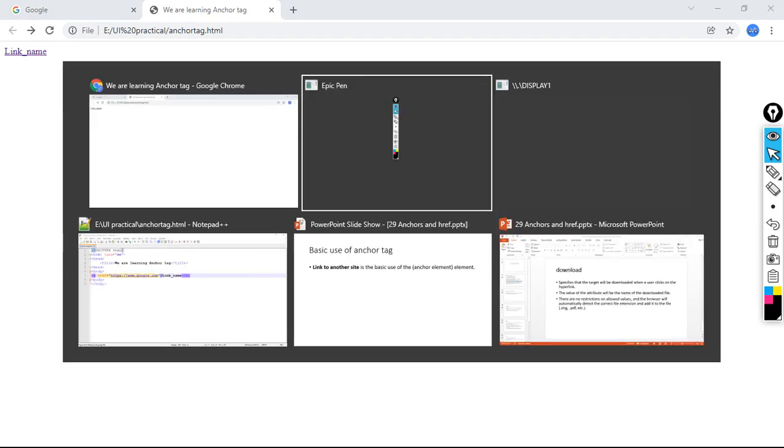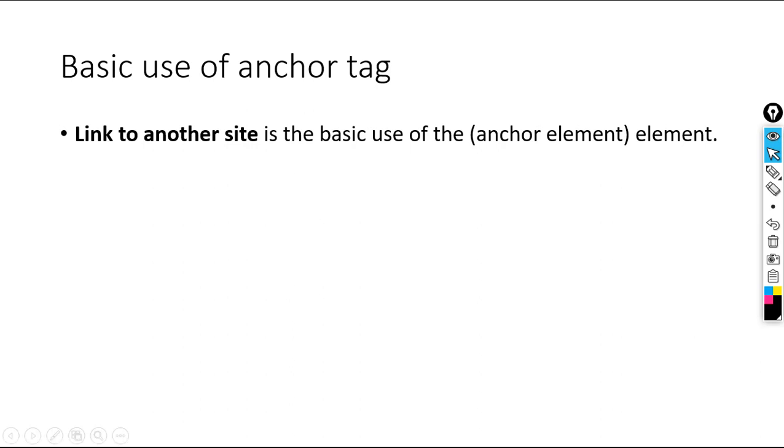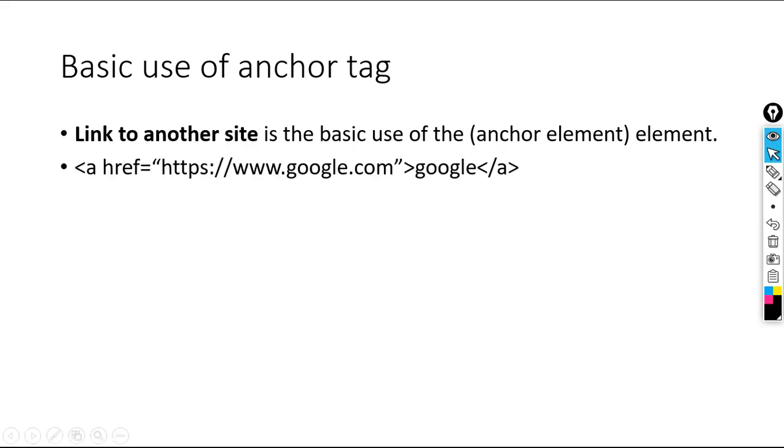Okay, now let's move to our session theory part. So this is the format for how to write an anchor tag. See, opening anchor tag and closing anchor tag. Then we have the mandatory attribute href, and then its value.